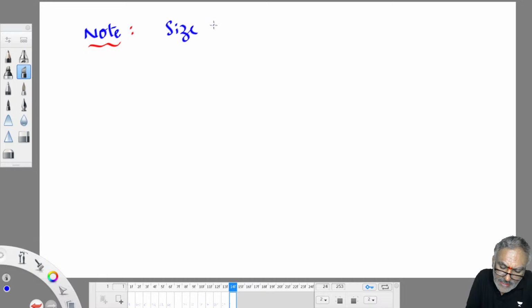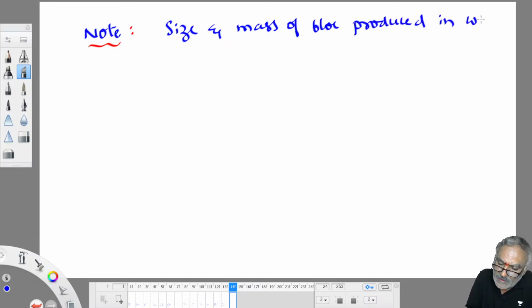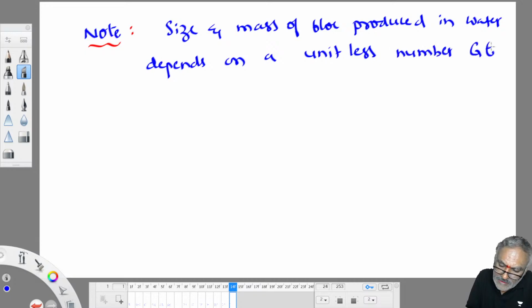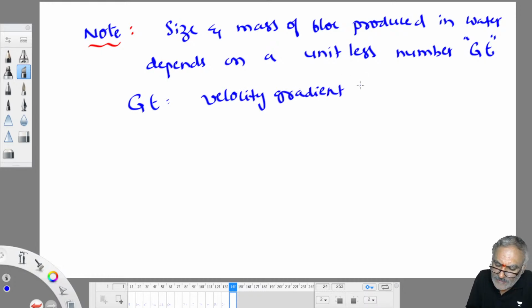The size and the mass of flock produced in water depends on a unitless number, GT. So GT is nothing but a product of velocity gradient into detention time. So there is no unit for this, we will get one number.